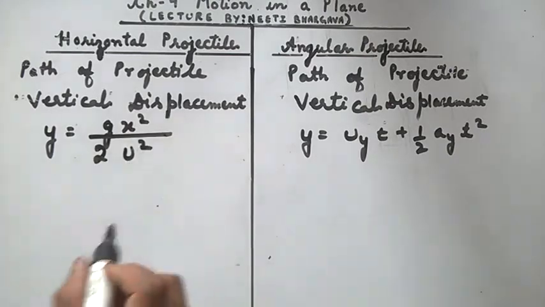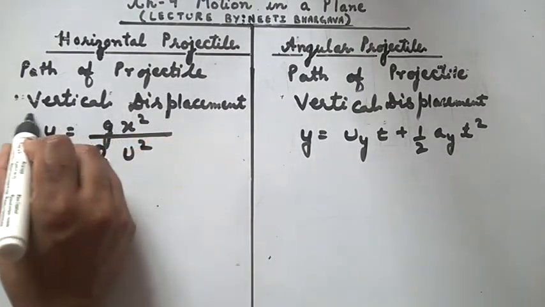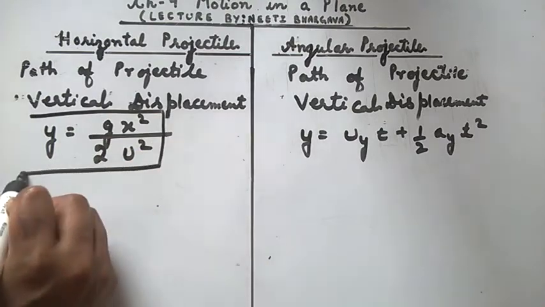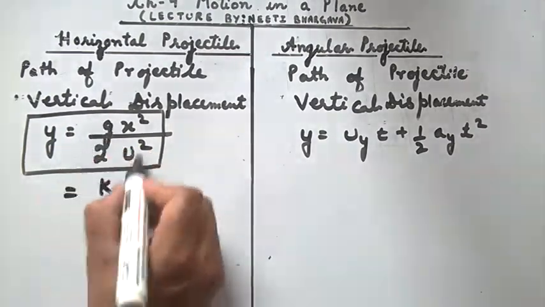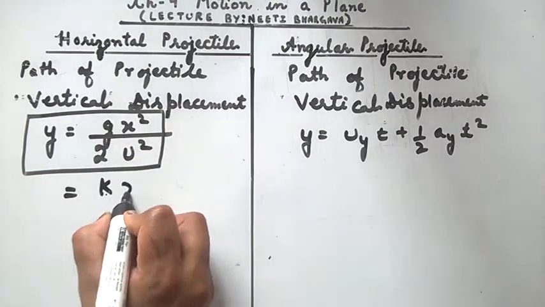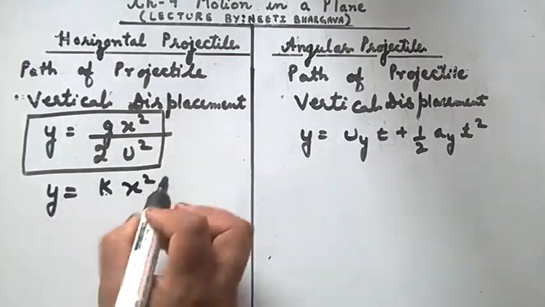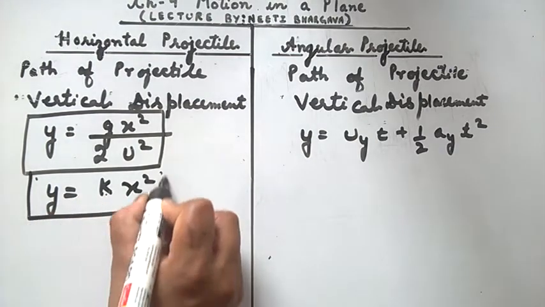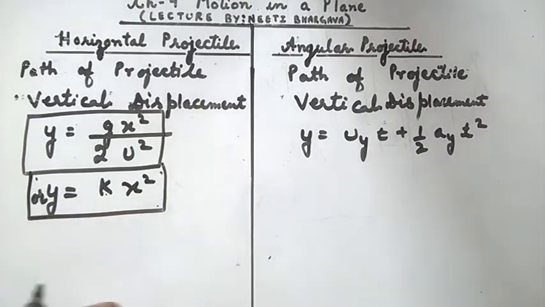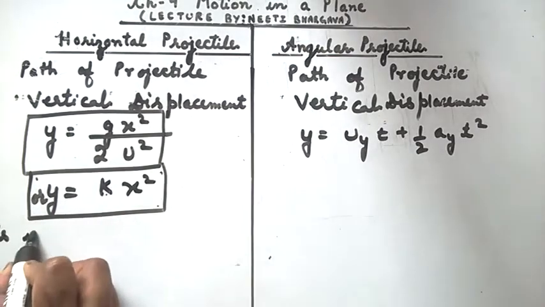This is the equation of a parabola, or we can write all constant terms as k into x square. This is the equation of a parabola.